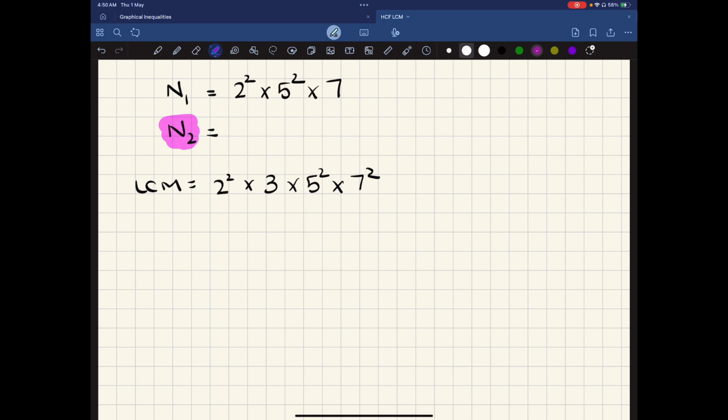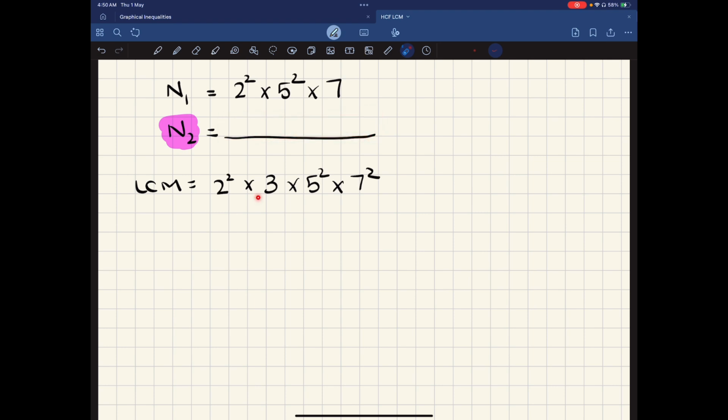Okay, so it means that we would try our best to add the least number of factors for n2, right? LCM takes the highest power, right? So since it has 2 square, we're going to assume that this 2 square is from the first number. Okay, and we're not going to add anything to n2.